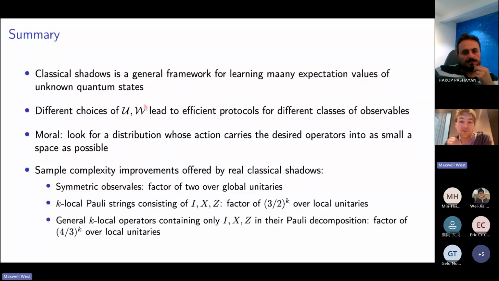In particular, what you would like is distributions that act only on the spaces of the observables that you actually care about. For example, if you only care about Pauli strings with X's and Z's, you want an ensemble that doesn't act on them and produce Y's. And that's exactly what the orthogonal ensemble does.